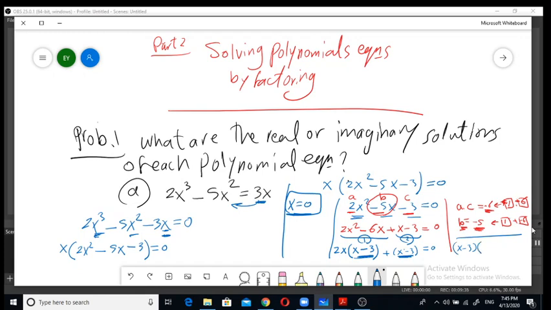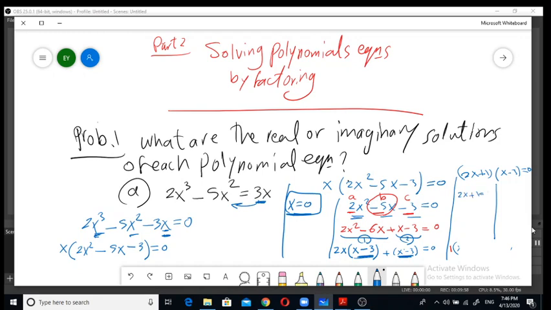Then we have 2x plus 1 equal to 0, then 2x is equal to negative 1, then x is equal to negative 1 over 2, and here x is equal to 3.